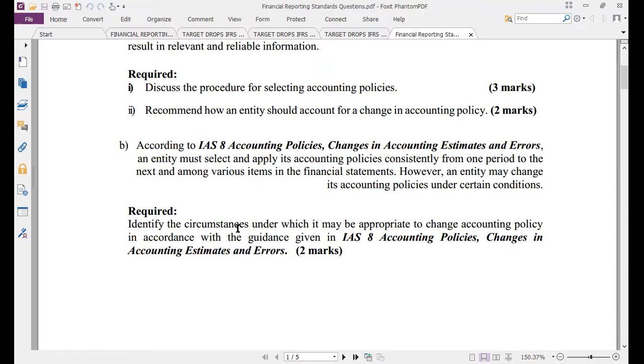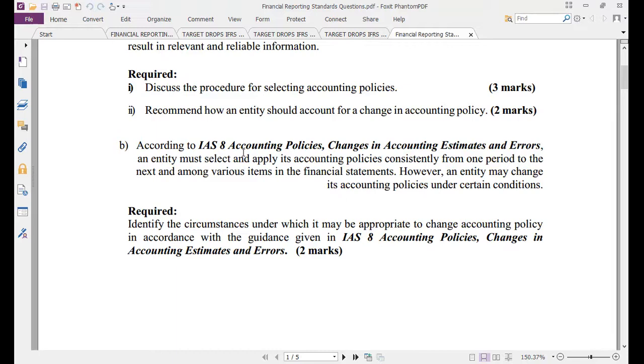So if you don't want trouble, don't quote. If you quote a standard, kindly write the full name. Here they quoted the standard and wrote the full name. Don't just say IAS 8 says; what is IAS 8?